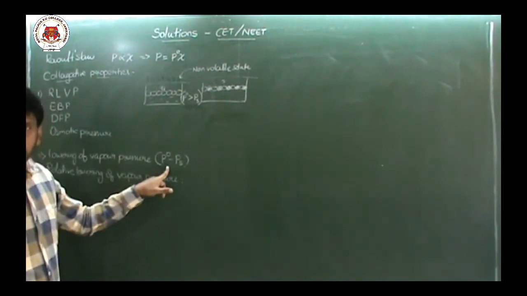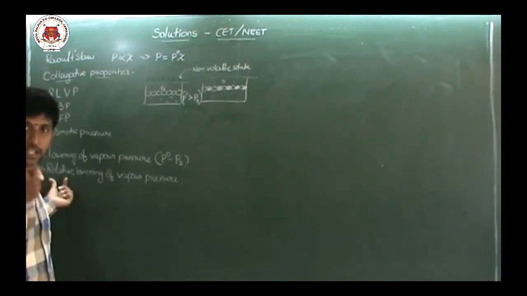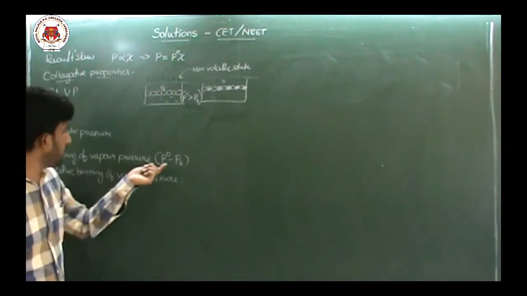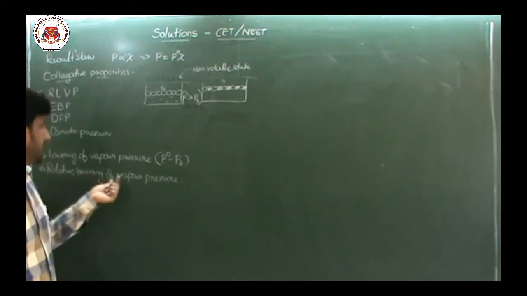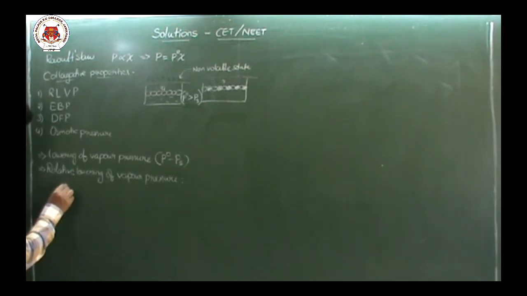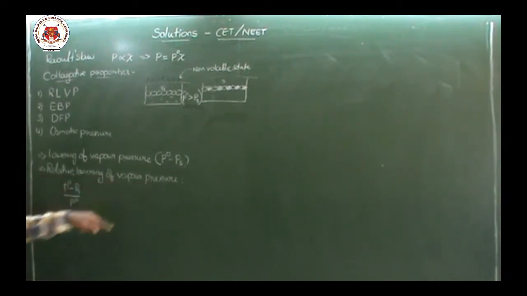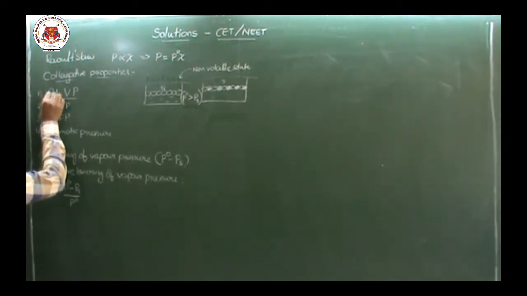Lowering of vapor pressure means P naught minus Ps. But relative to the vapor pressure of the pure solvent, how much pressure is decreased is called relative lowering of vapor pressure. And it is given by the formula P naught minus Ps by P naught. Vapor pressure is lowered, but relative to which one are we studying? Relative to the vapor pressure of pure solvent. So this is called relative lowering of vapor pressure.